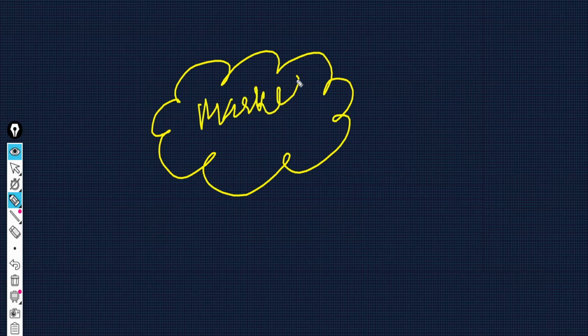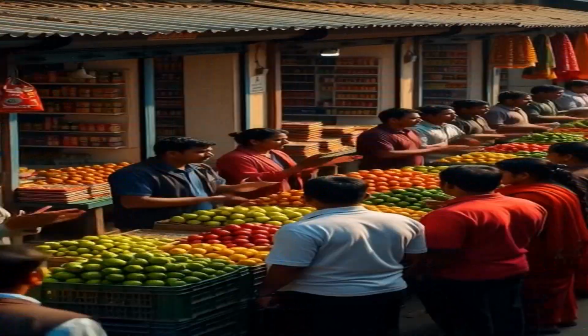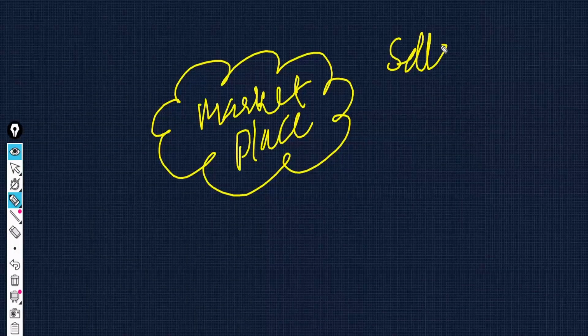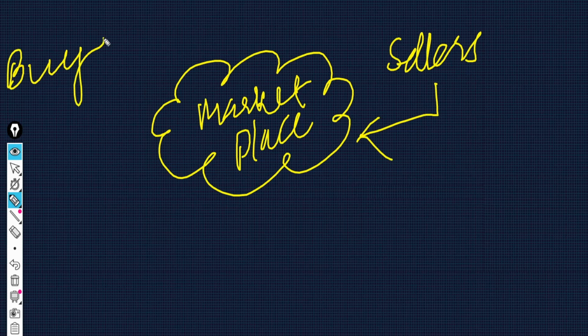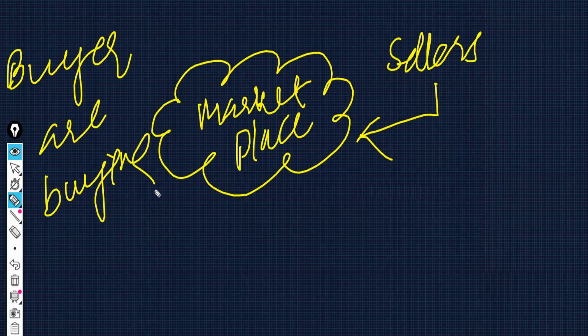where some sellers are selling their products and buyers are buying as per their requirement.